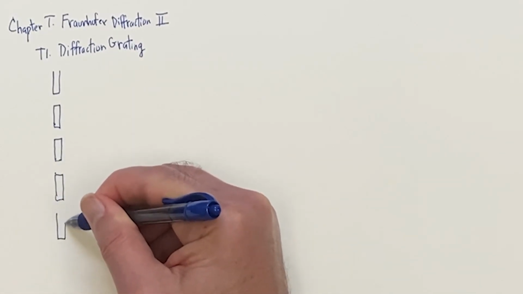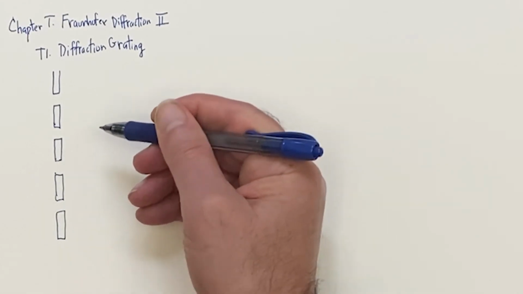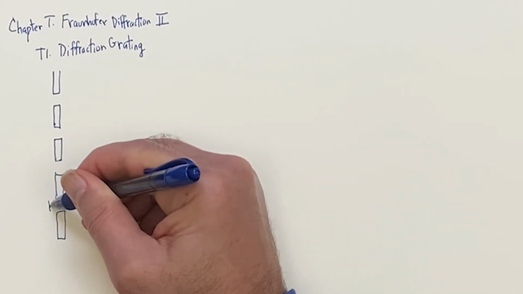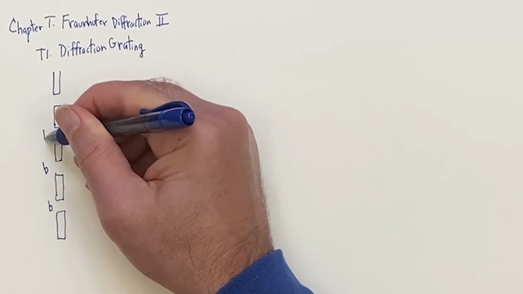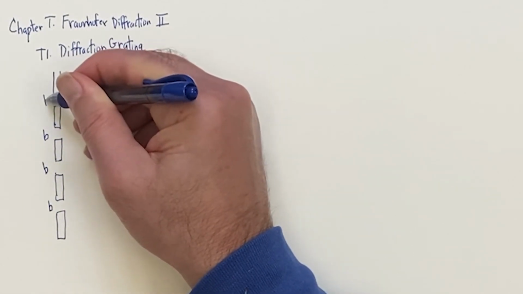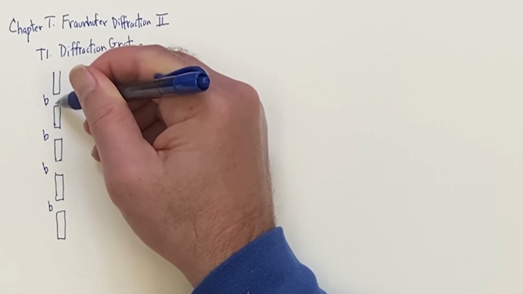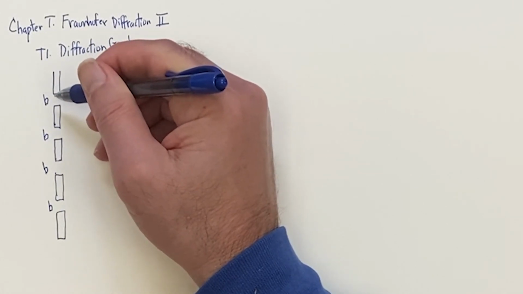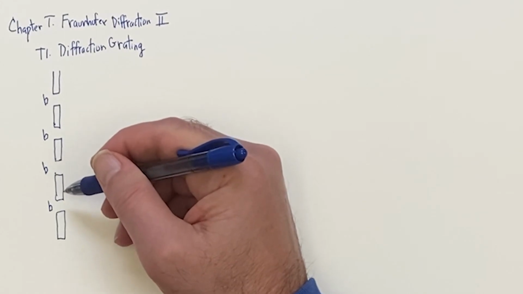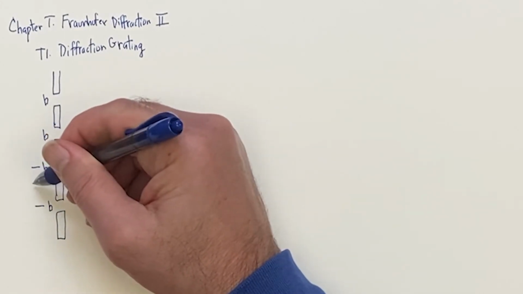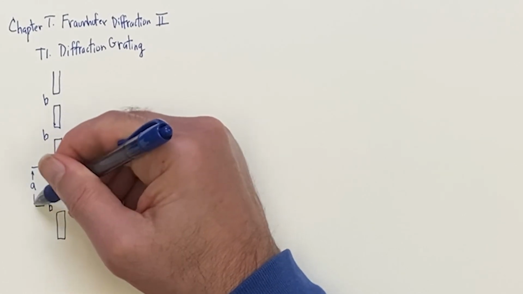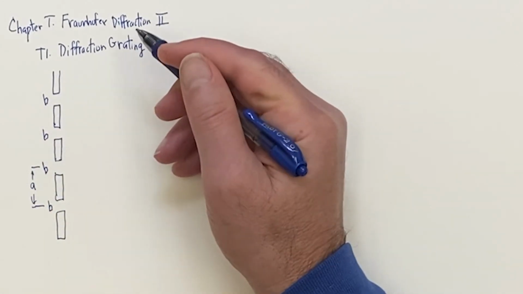In the book I have 7 of these, but each of these slits has B for the size of the opening, the width, and the distance from the center to the center is A, like we did before.